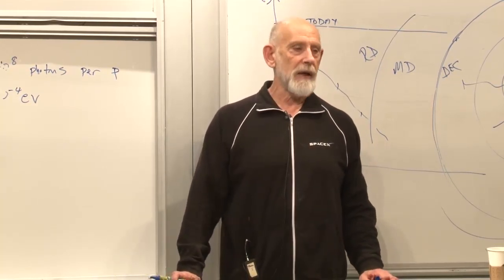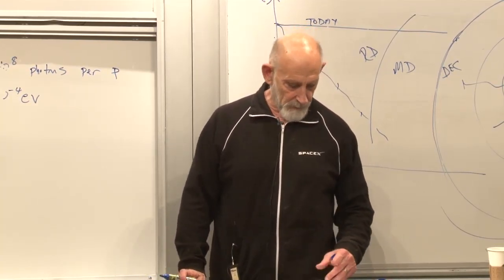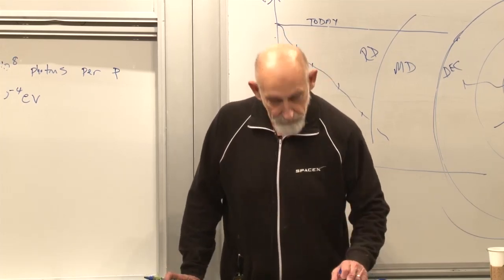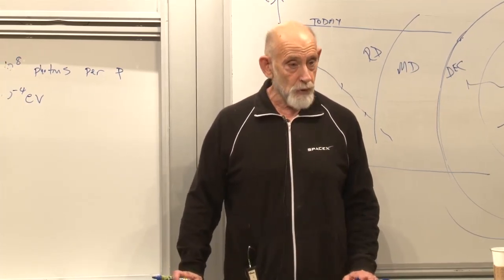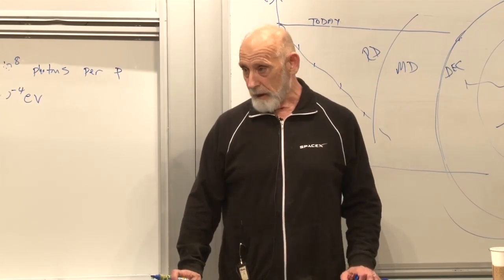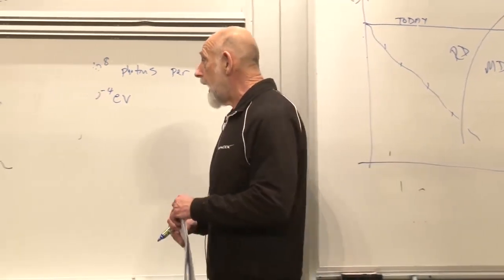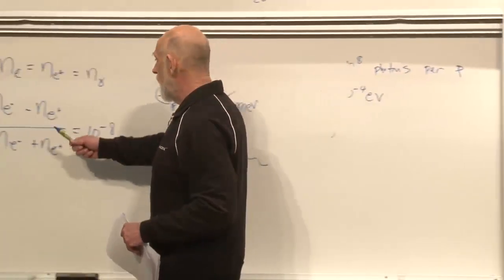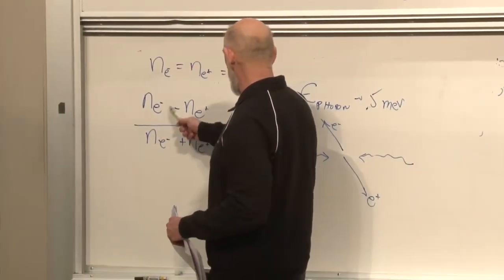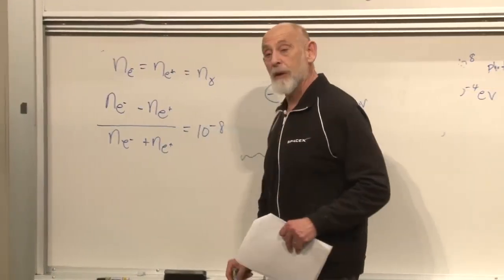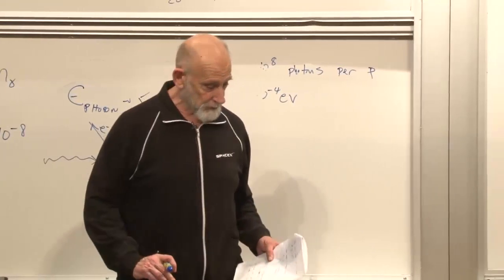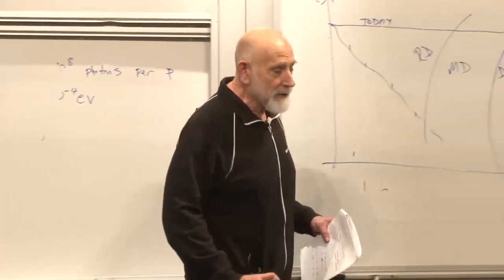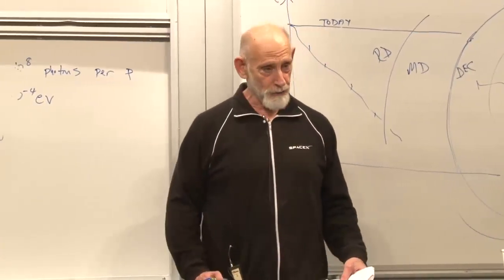The question is not why there are so many photons, but why there are so few; why this difference is so much smaller than the total number of electrons and positrons. The question is not how the number of photons got to be large.